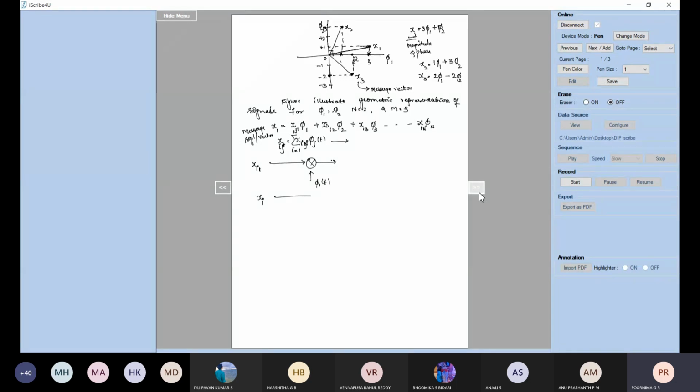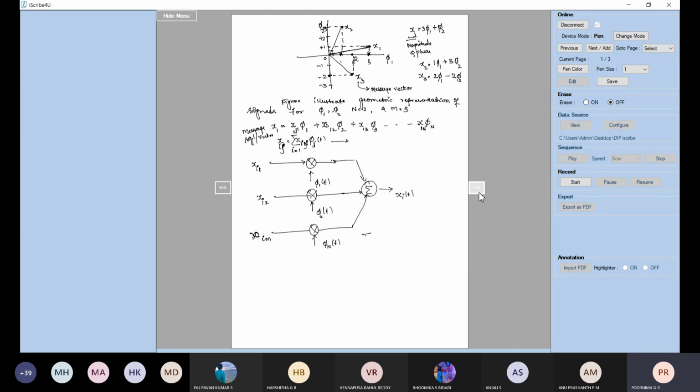Similarly xi2, and so on; sum it up. This will give you xi of t.